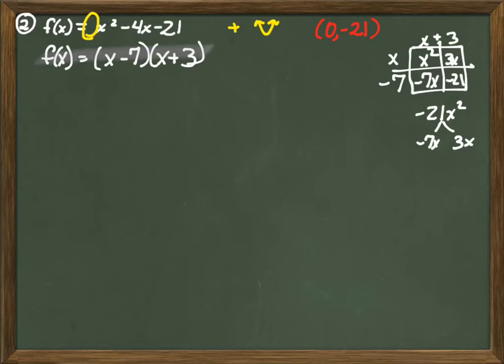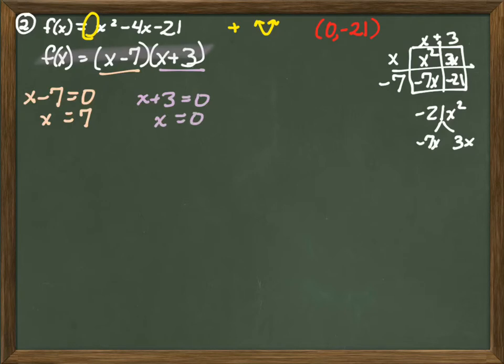Then I need to set each of those factors equal to 0. So x minus 7 equals 0, and I solve, and that means that x has to equal positive 7. And then I take the other one and do the same thing. x plus 3 equals 0 and solve for x.